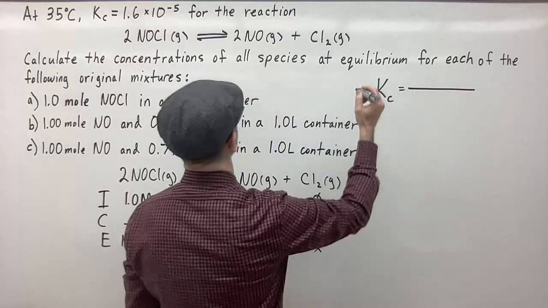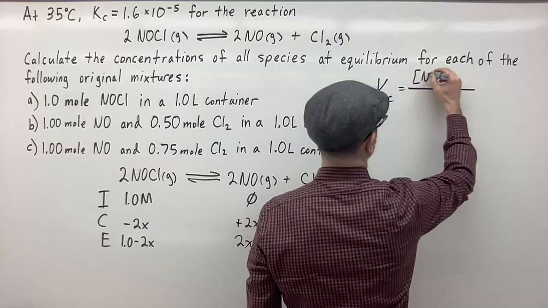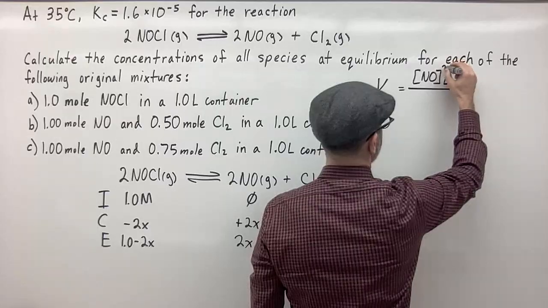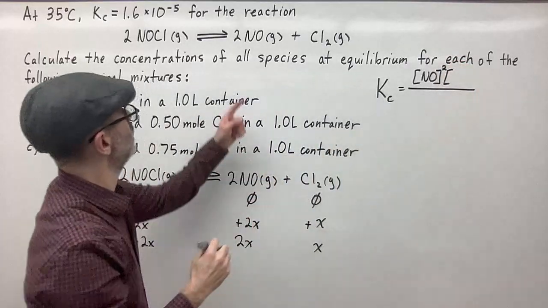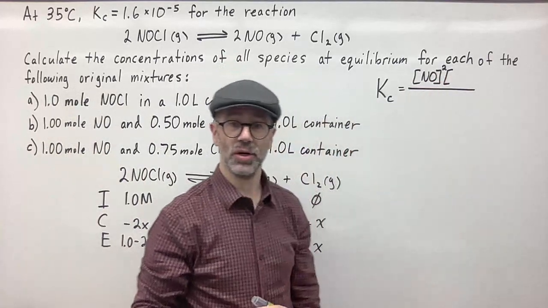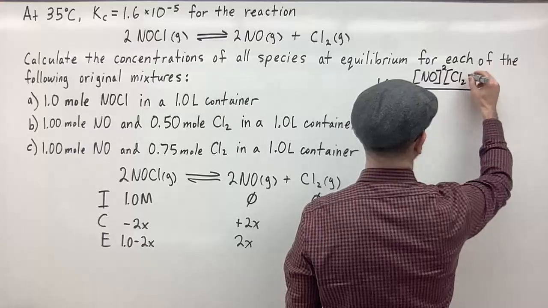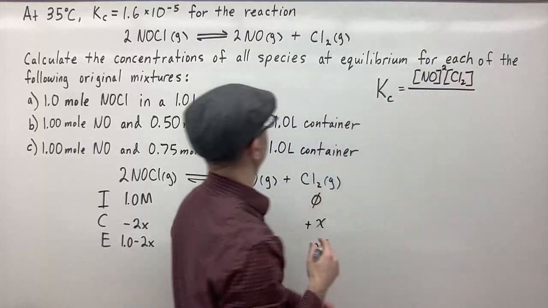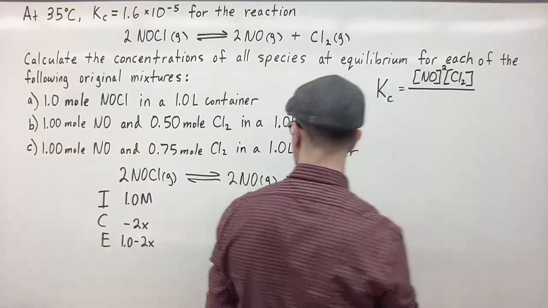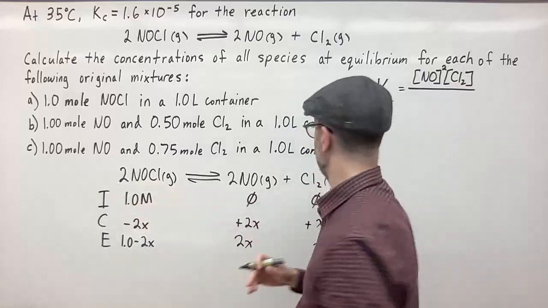So here we're going to have the concentration of NO, and that's raised to the 2nd power since we have a 2 coefficient there, multiplied by the Cl2 concentration raised to the power of 1. We don't write the ones. Over the concentration of NOCl.